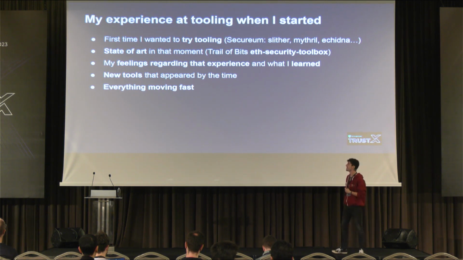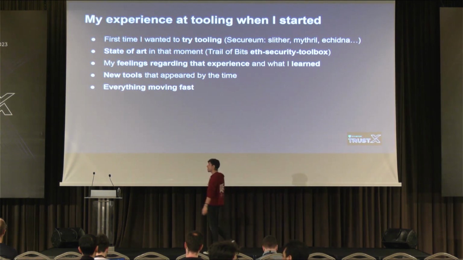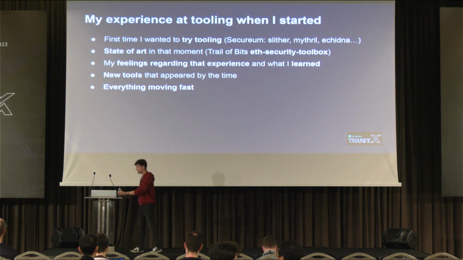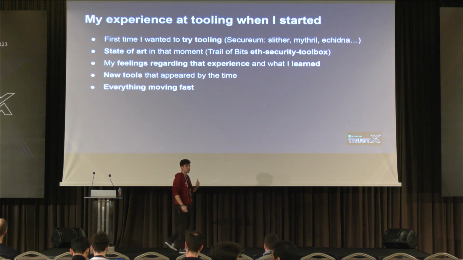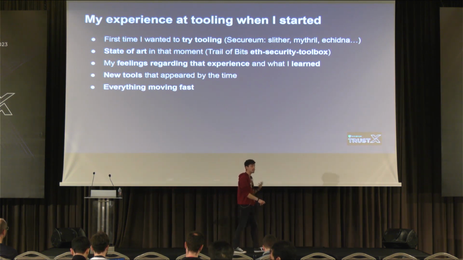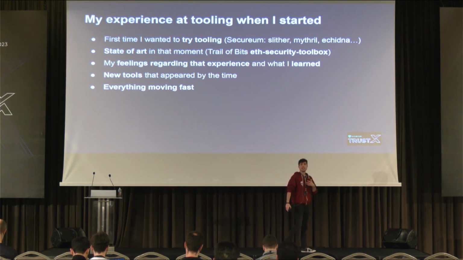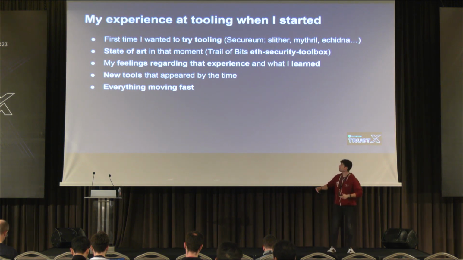Oh yeah, my experience. Back in time when I was a newcomer, I had basically finished Epoch 0 and Epoch 1, and I was looking for tools. In that moment, I started doing research and installed some of them. I found the state of the art; some tools were easy to install, as I said, and some not.